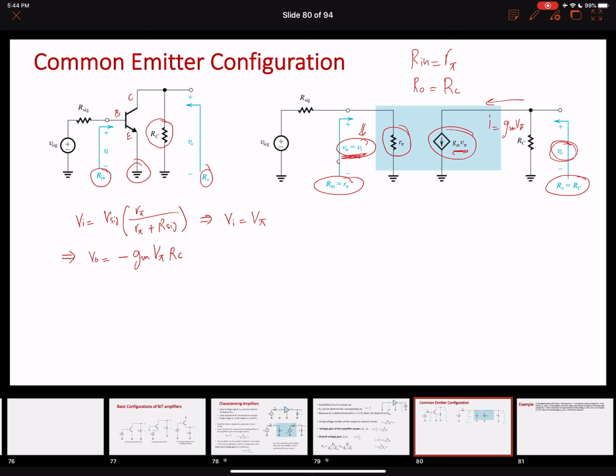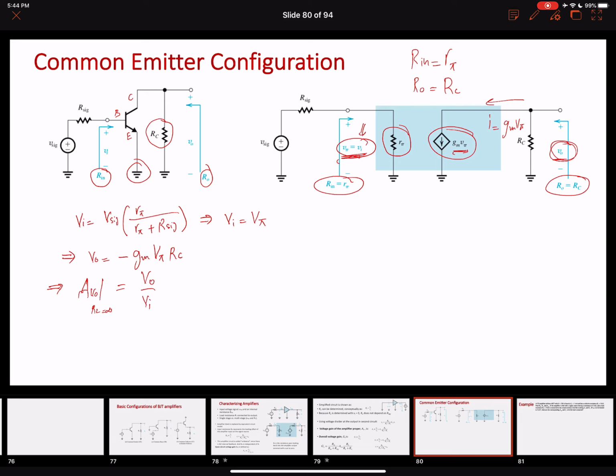So this is the value of the output voltage. Okay, so let's find out now our open circuit voltage gain when RL is infinity. So right now we don't have any load resistance attached. When no load resistance is attached, it will be equal to V naught over Vi, the same V naught here and the same Vi here.